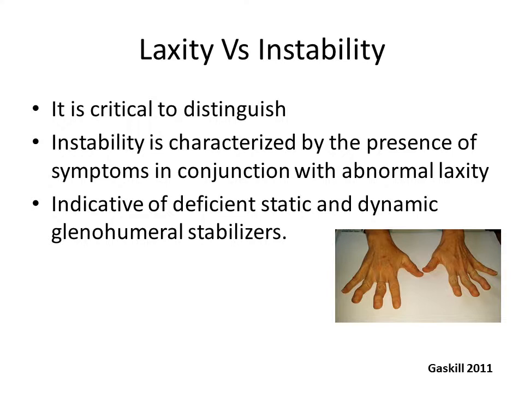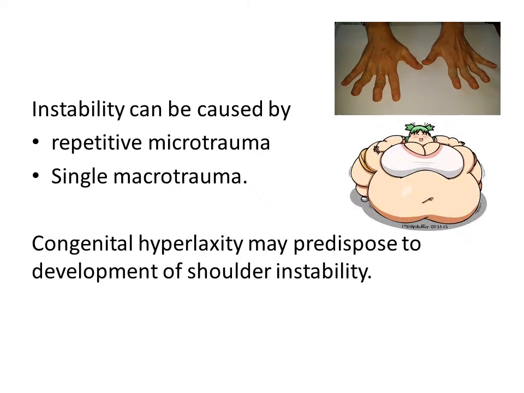Instability is characterized by the presence of symptoms in conjunction with abnormal laxity, and is indicative of deficient static and dynamic glenohumeral joint stabilizers. Instability can be caused by repetitive microtrauma or a single macrotrauma. Congenital hyperlaxity may predispose to development of shoulder instability.